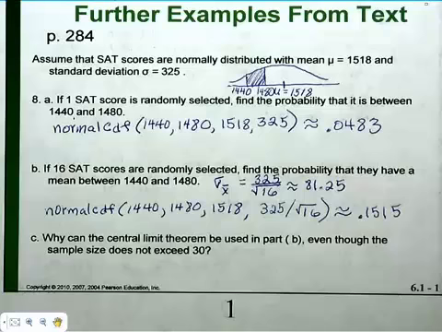I may not be able to use the central limit theorem. The central limit theorem is what told us just to adjust the standard deviation and then play like it's a normal. Why could I use the central limit theorem even though that sample size was less than 30?